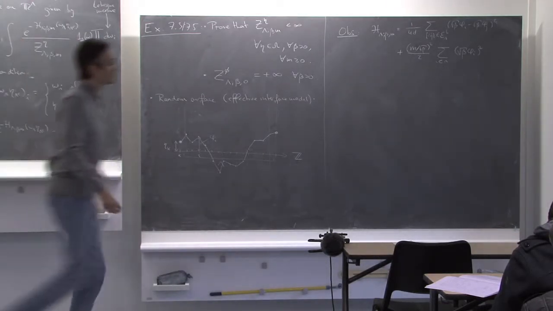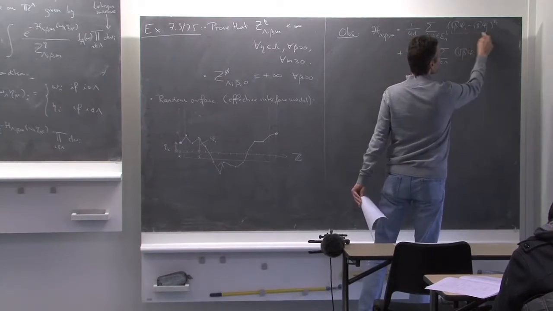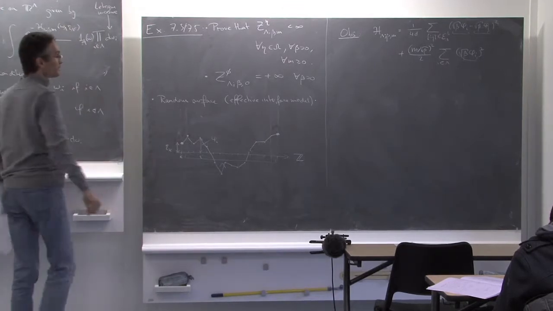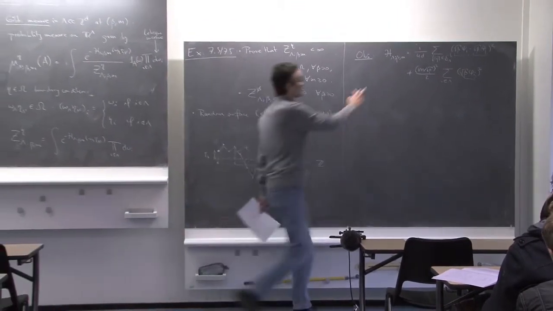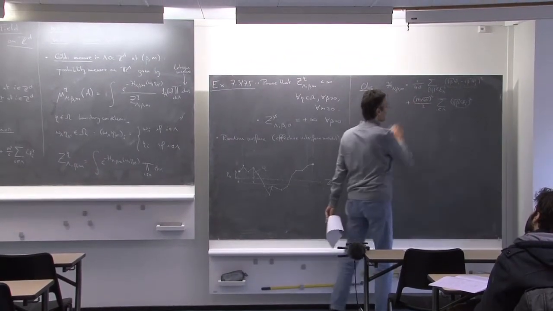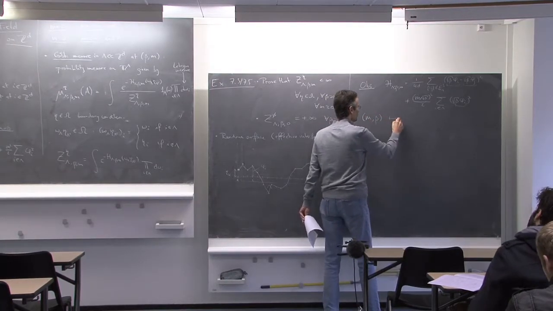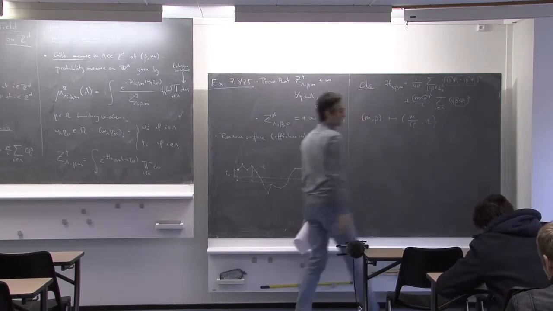And then you can just change variable to these quantities everywhere in the integral here. And you see that you can relate the model with parameters beta and m to the model with parameters 1 and m over square root of beta. So you can send (beta, m) to (1, m over square root of beta).